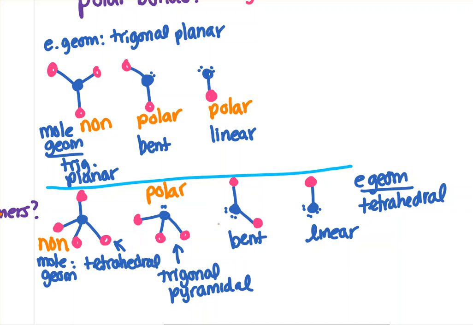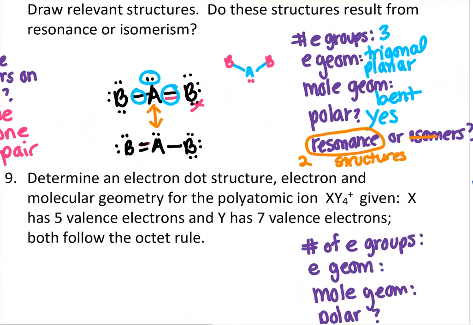Again, negative, very negative lone pairs on this end. This is polar. And then when it's linear, if it's 2 different elements, unless it is carbon and hydrogen, it will be polar. Okay, so that's kind of how you assess our main shapes and polarity.